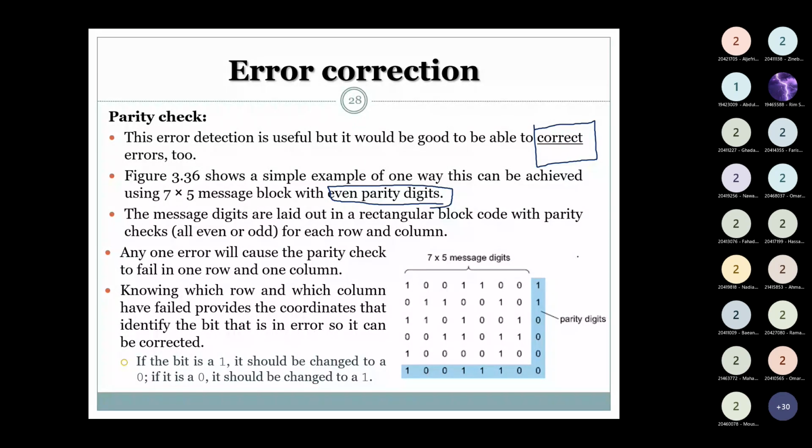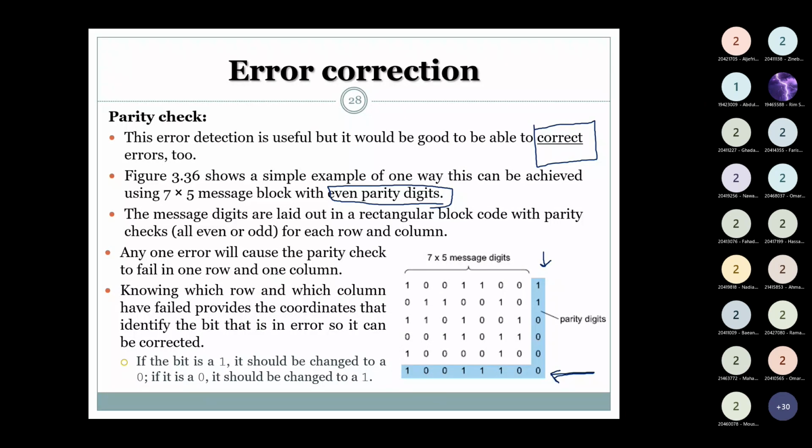The last column is for parity check, and the last row is for parity check. Any one error will cause the parity check to fail in one row and one column.